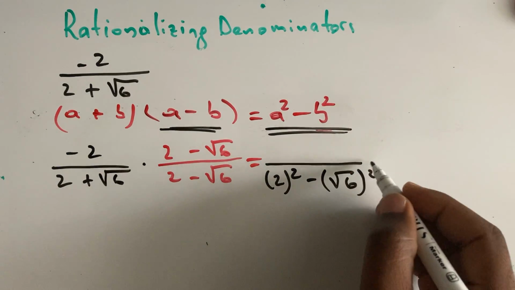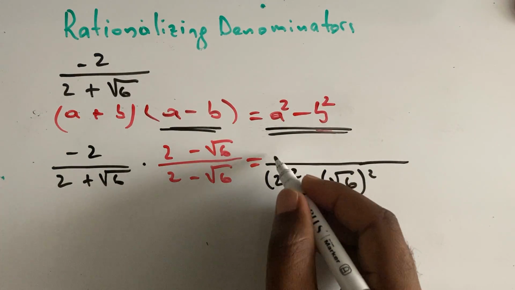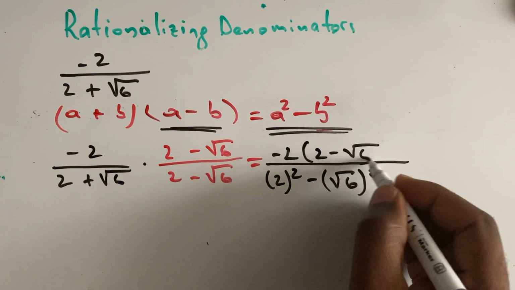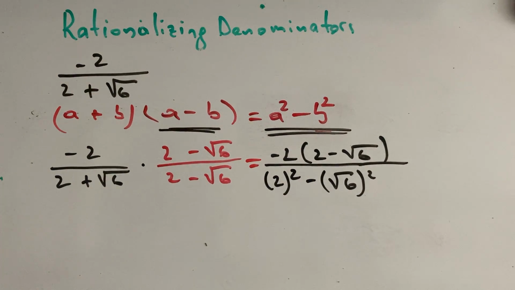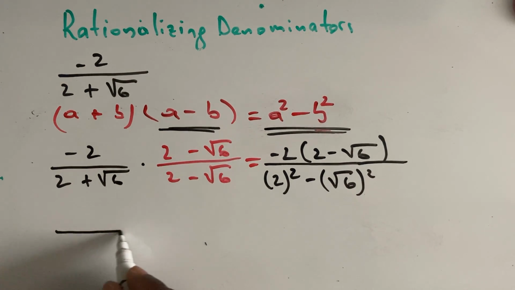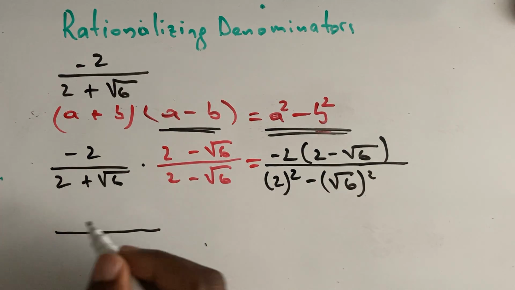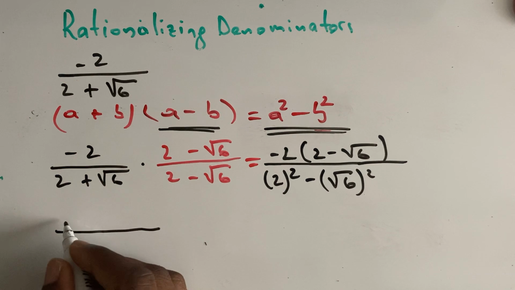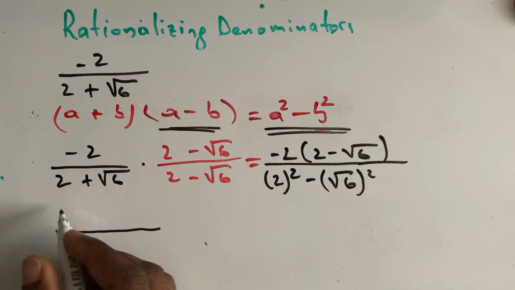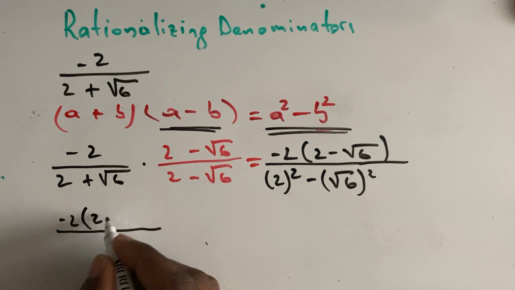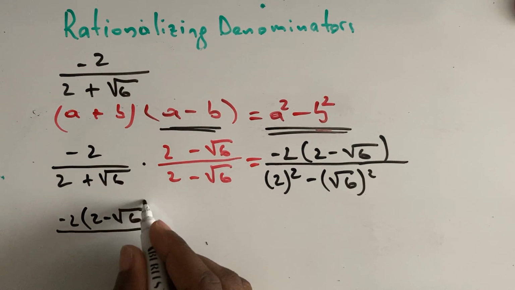And on the top part, it would just be the negative 2 times 2 minus square root of 6. Okay? Should make sense to everybody here. Okay? Now, from here, guys, let's keep moving. What I have here, I can distribute on top here, or I can leave it the way it is for now. Don't want to change anything for now. I can just put negative 2, then 2 minus square root of 6, okay?